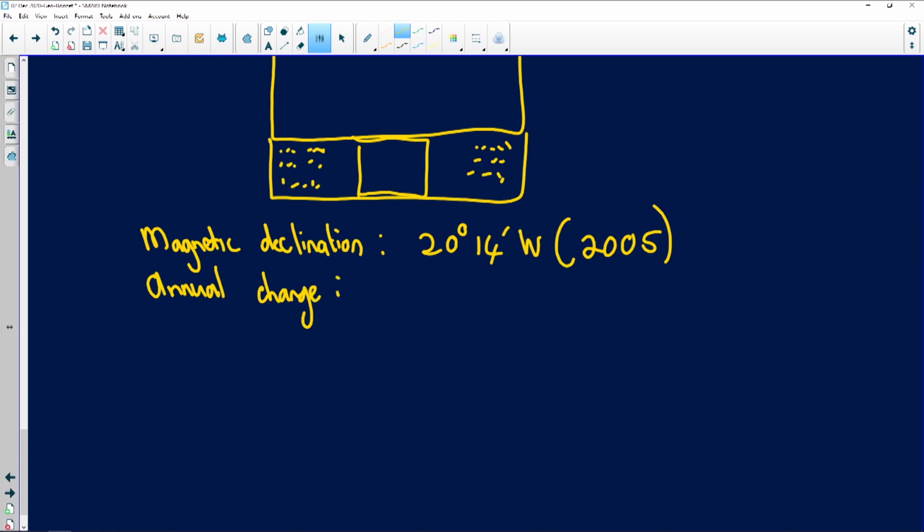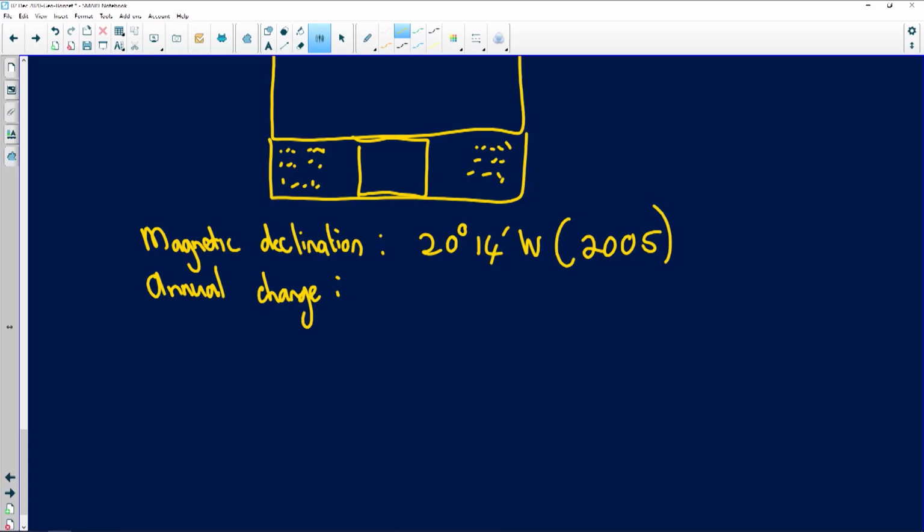Annual means yearly. So the question is going to state, calculate the present magnetic declination. What is the present? 2020. So the annual change is 4 minutes west.